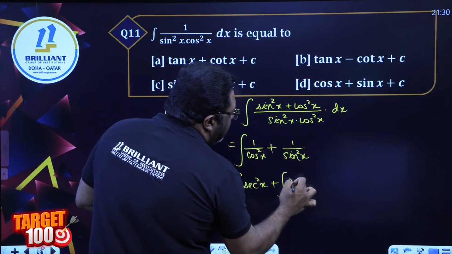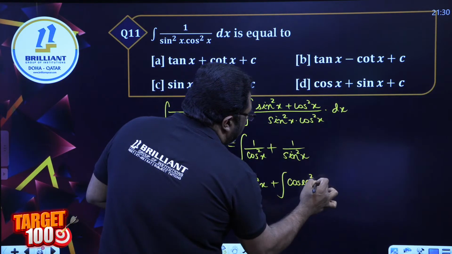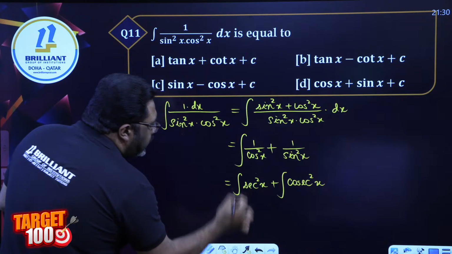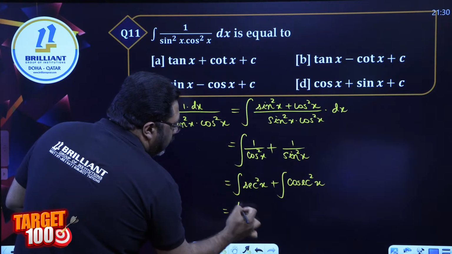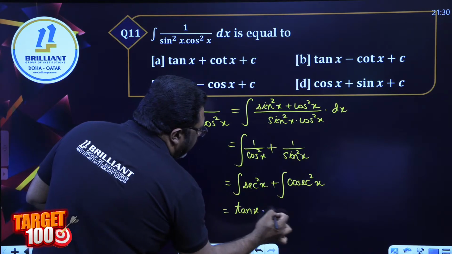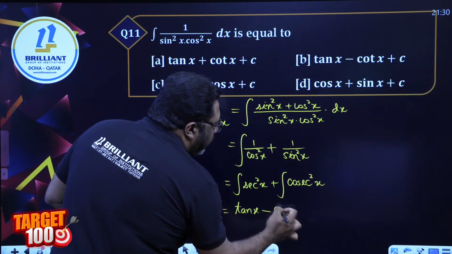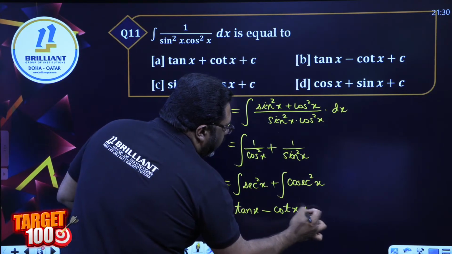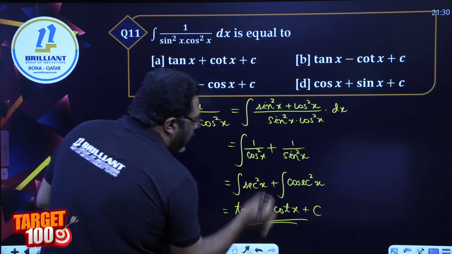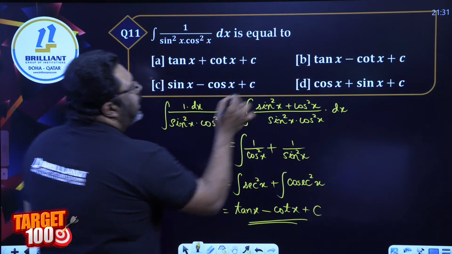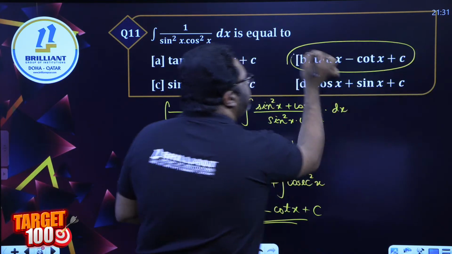Tan x. And what is the integral of cosec squared x? Minus cot x plus c. Final answer, tan x minus cot x plus c.